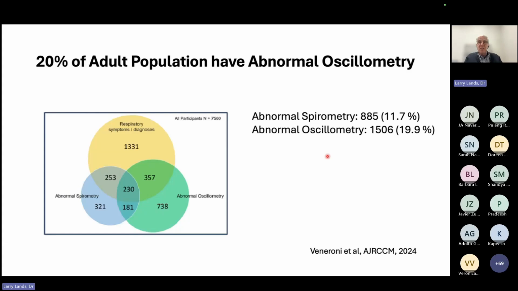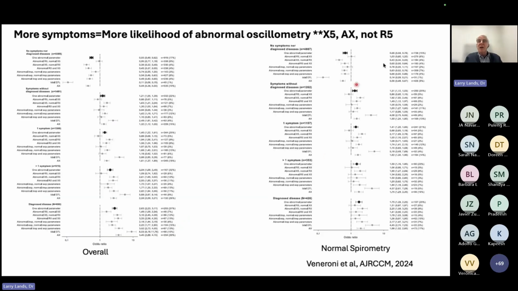Again, speaking to sensitivity, you're going to say, does that really matter? So here's where it mattered, and I invite you to take a look at this paper. The more symptoms you had, the more likely you were to have abnormalities in reactance at 5 hertz or the area under the reactance curve.